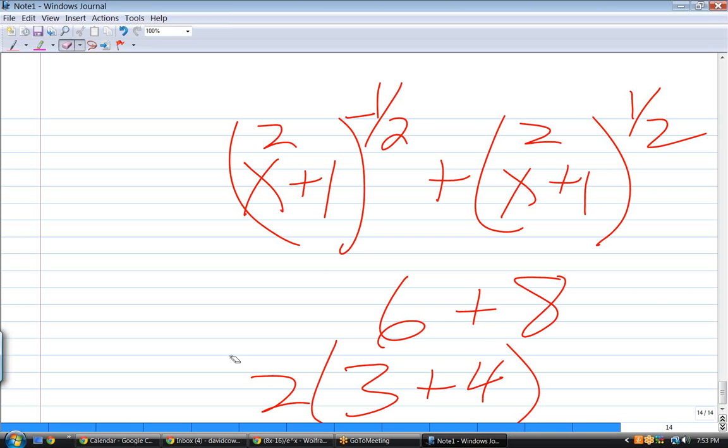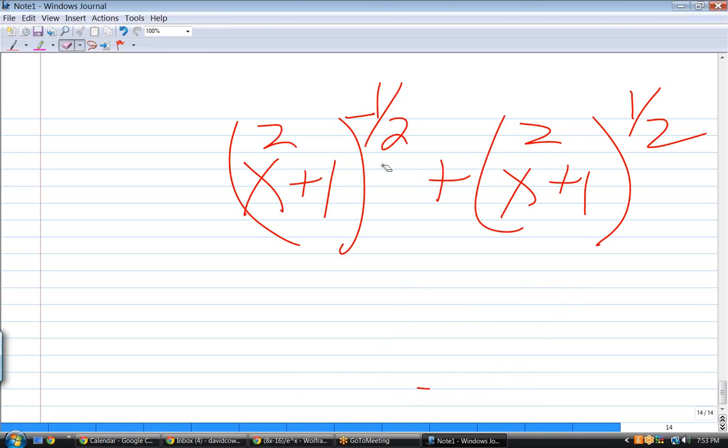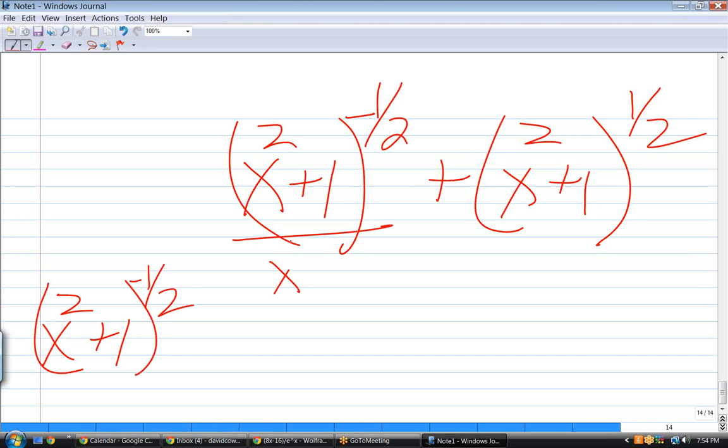And notice the common thing in this numerator is x squared plus 1 to some exponent. It doesn't matter if it's negative or not. So I'm going to factor out an x squared plus 1 to the minus 1/2. And what's left over? Well, what happens if I divide each of these terms by x squared plus 1 to the minus 1/2?